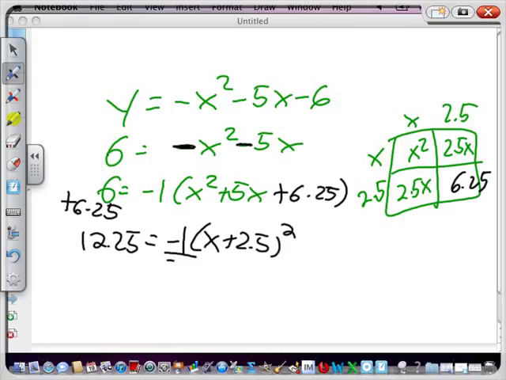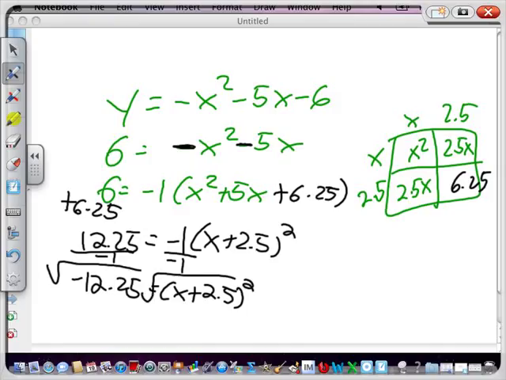Divide by negative 1. Good. Then what do we do? Square root. Good. And what's my final step? Subtract 2.5.